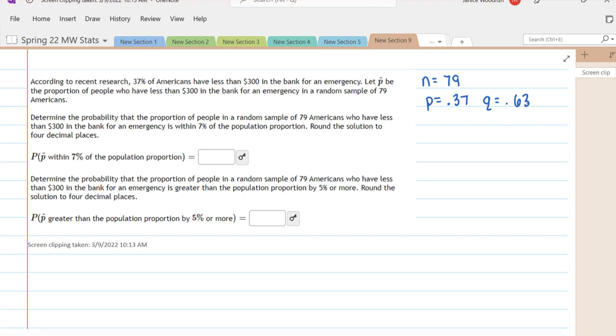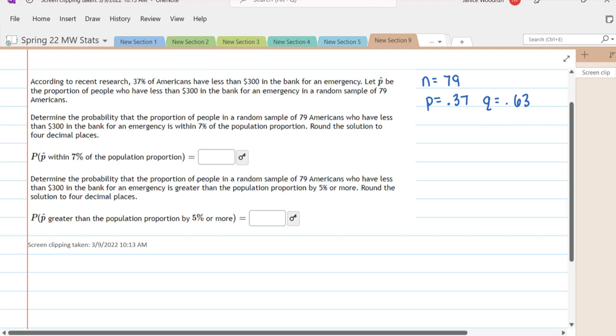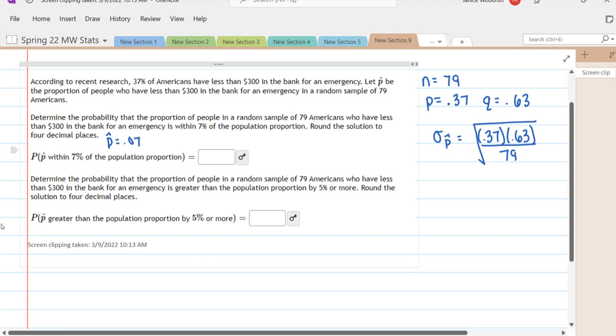And then we have p hat within 7%. P hat is 0.07 here. Okay, so let's go ahead and find our standard deviation. All right, so that's going to be 0.37 times 0.63 over 79, square root.